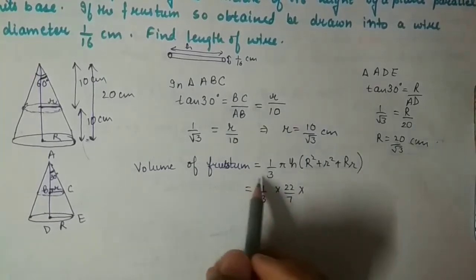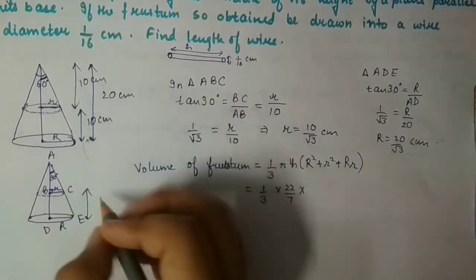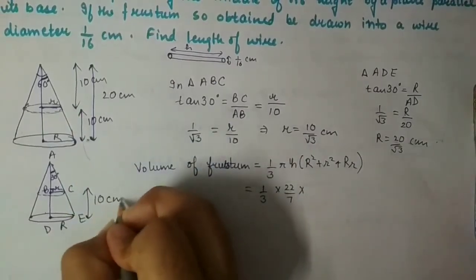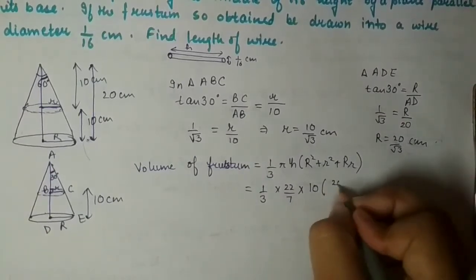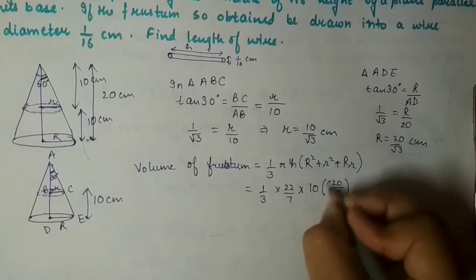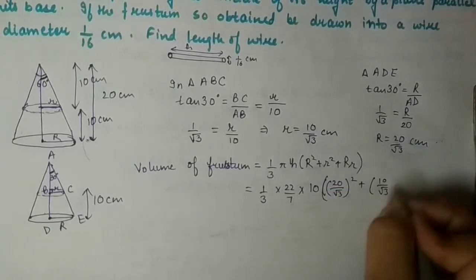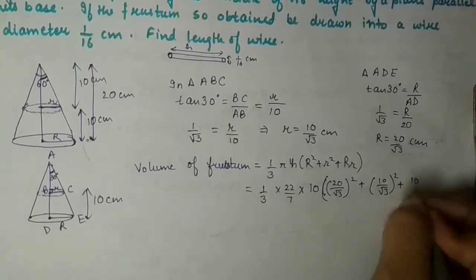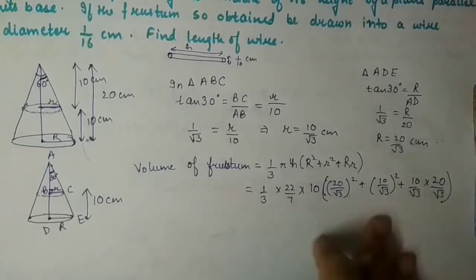Now what is the height of frustum? Height of frustum is this height and this height is 10 centimeters. So into 10, capital R is 20 by root 3 whole square plus 10 by root 3 whole square plus 10 by root 3 into 20 by root 3. Okay, so these are the values.